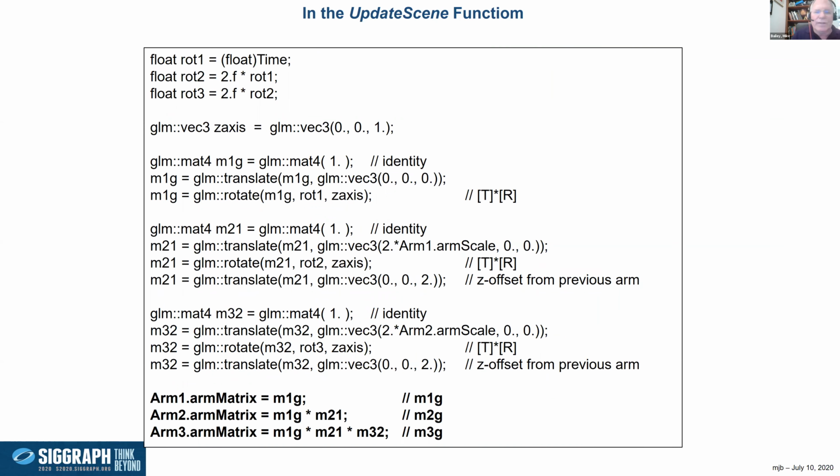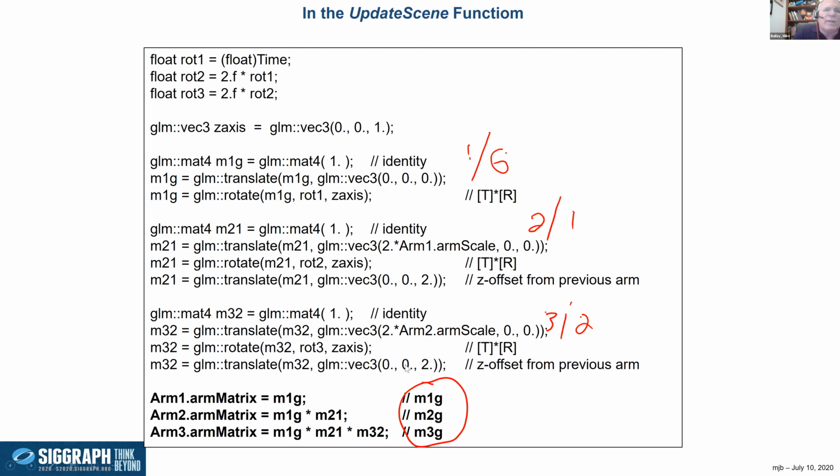And then here it's filling it. So here's where it's doing the transformation for 1 with respect to ground, 2 with respect to 1, 3 with respect to 2, and here it's producing the absolute transforms.